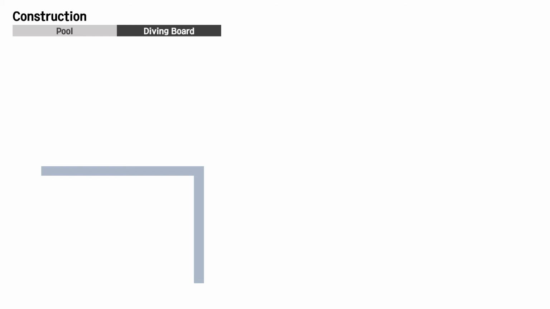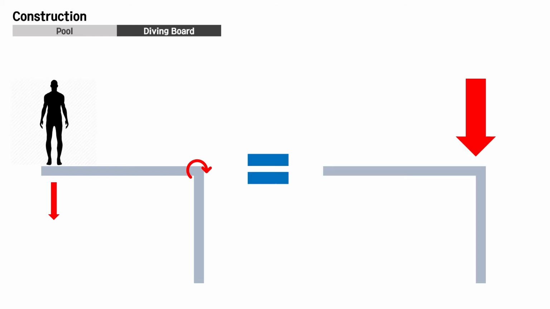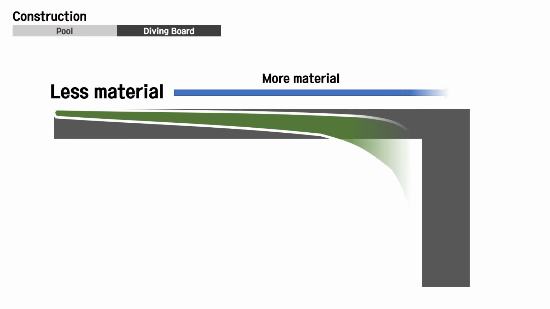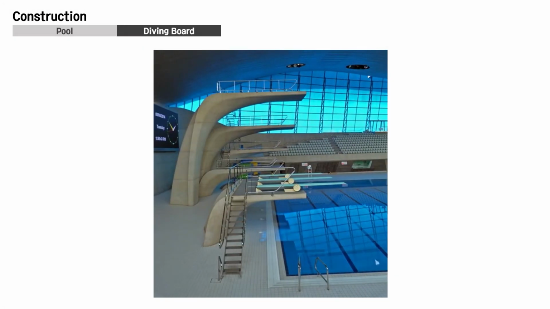If you give a tiny force at the edge, it translates into massive stress at the foundation. To prevent collapsing, make sure there is less material at the edge and then increasingly more material as you go down into the foundation. Diving boards are a kind of cantilever structure, so the engineers tried to design a more stable cantilever structure.